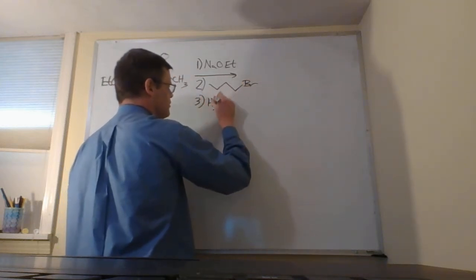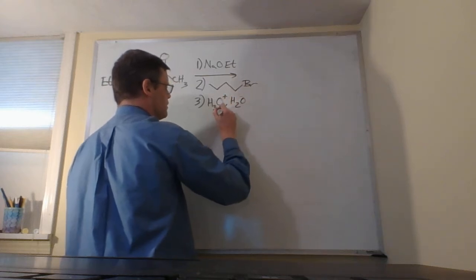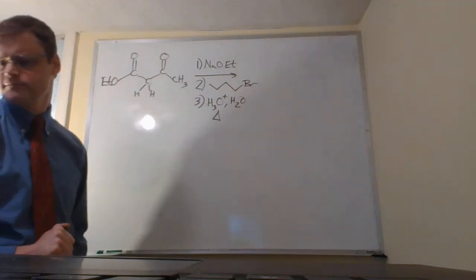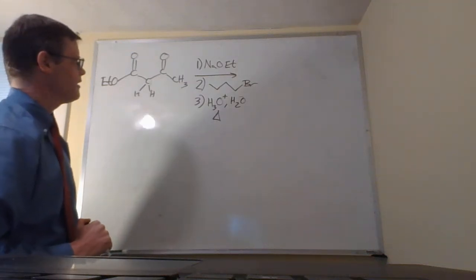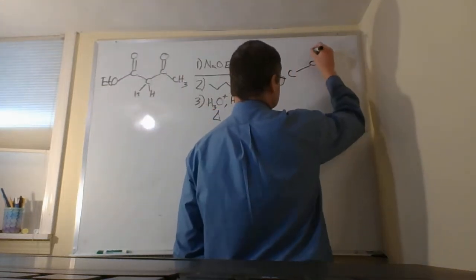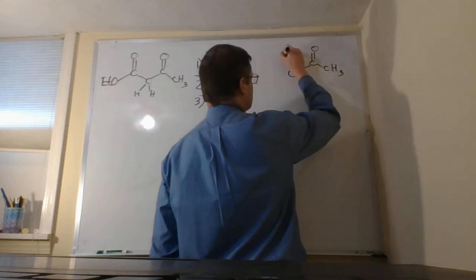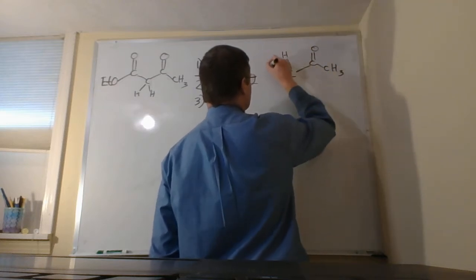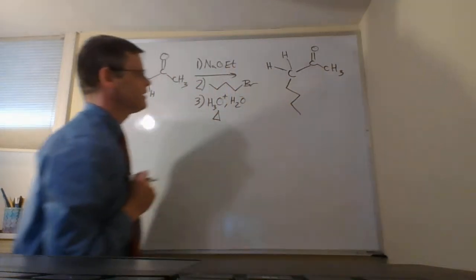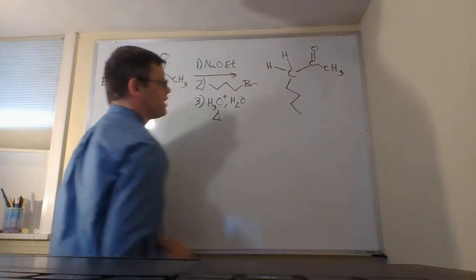Then we have H3O+, H2O, and heat. And that's ultimately going to get me here's my methyl ketone. One, two, three, four. This here's the new C-C bond.